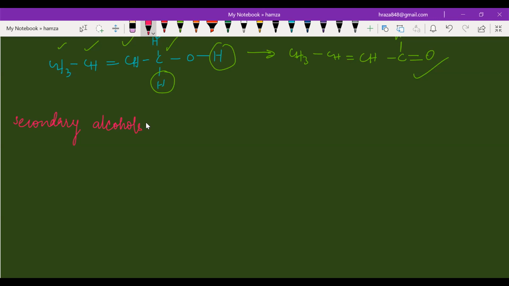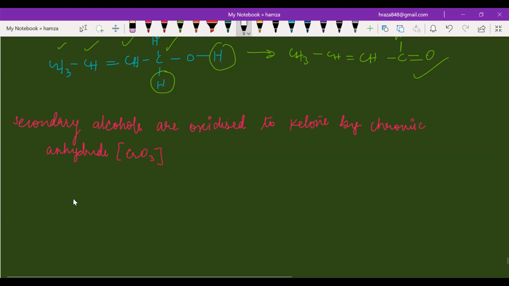Secondary alcohols are oxidized to ketone, as I told you, by chromic anhydride, that means CrO3.